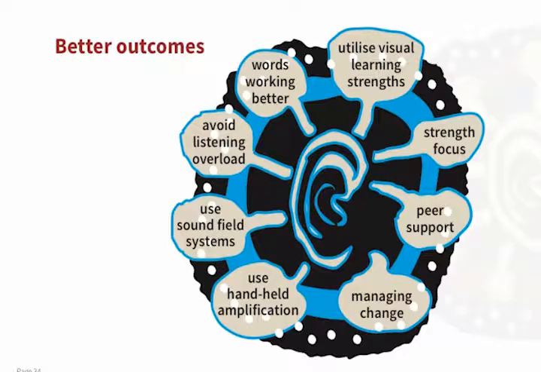So utilising visual learning strengths, making words work better so that children can hear them more effectively, avoiding listening overload by not talking too much and making sure that there are visual prompts to accompany words, using sound field systems and handheld amplification, consciously working to manage change to prepare children for what they're going to experience, and supporting the use of peer support, so helping children to learn from other children.